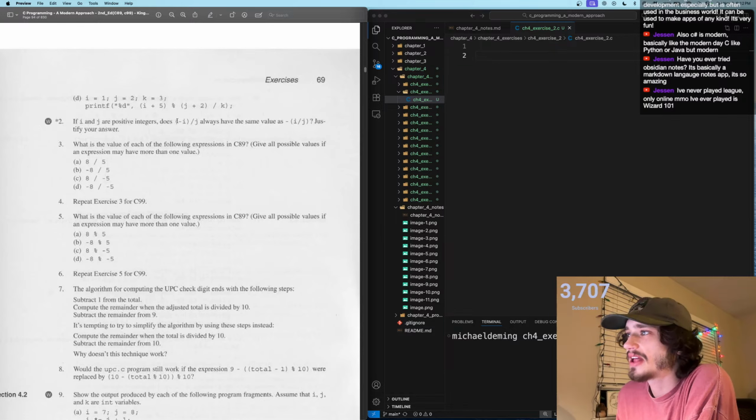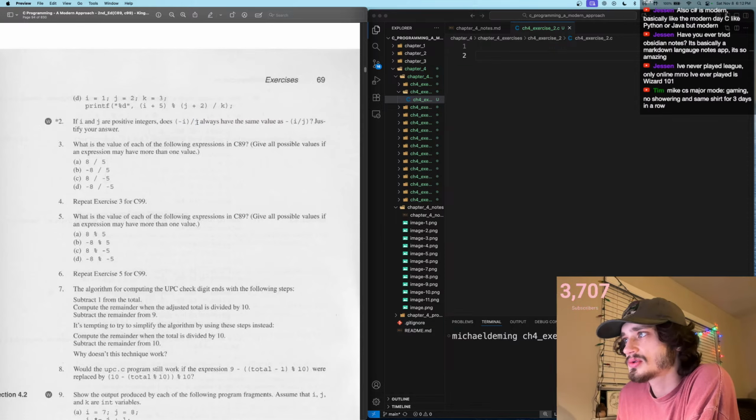Now, so that's if they're both positive. Now what happens if they're both negative? Well, this would become positive, this would become negative, giving us, is that how that works? Right, is that how that works? Do I have that right? So this would become positive, this would be negative, giving us a negative answer.